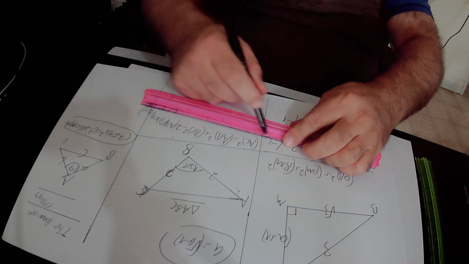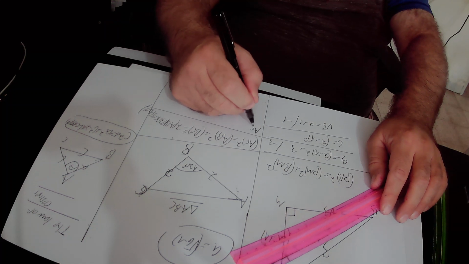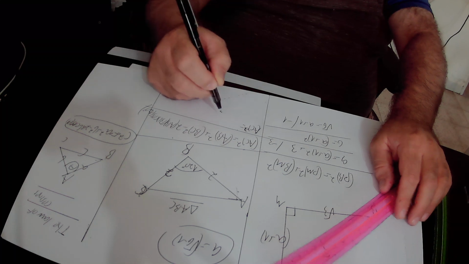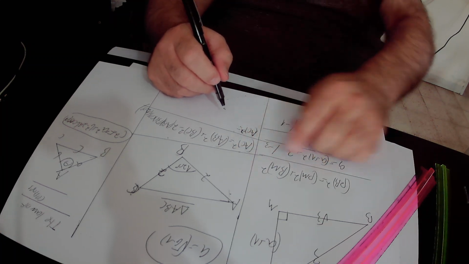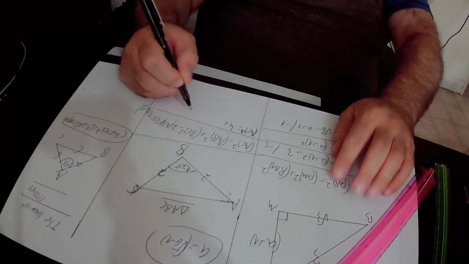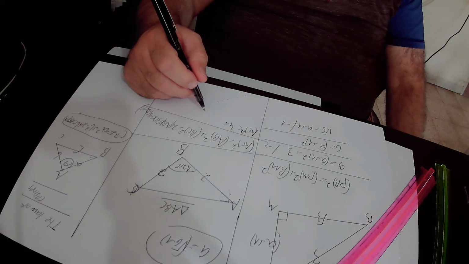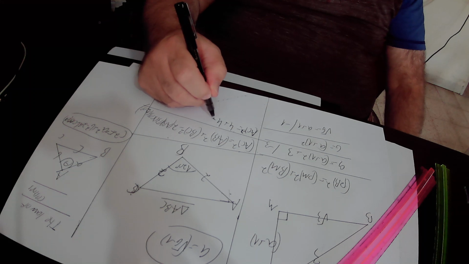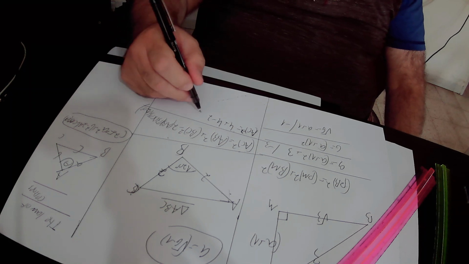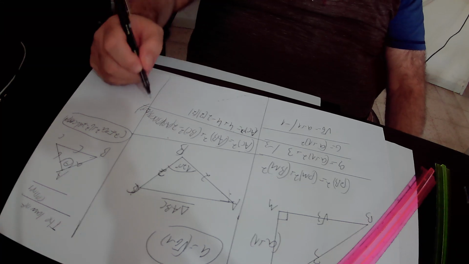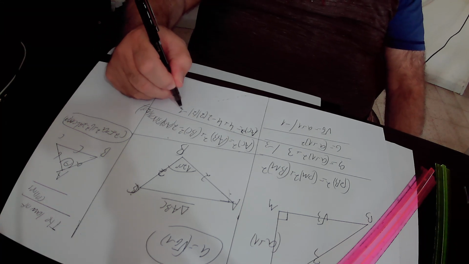Okay, so AC squared equals AB squared. AB is 2, therefore AB squared is 2 squared, that is 4, plus BC squared. BC is 2, so BC squared is 2 squared, that is also 4, minus 2 times AB, which is 2, and BC, which is also 2, times cosine 120 degrees, which is minus 1/2.